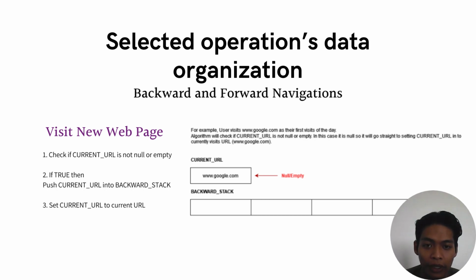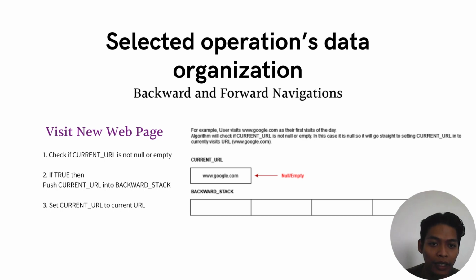Okay, for example, when a user visits google.com as their first visit of the day, the algorithm will check whether the current URL is not null or empty.